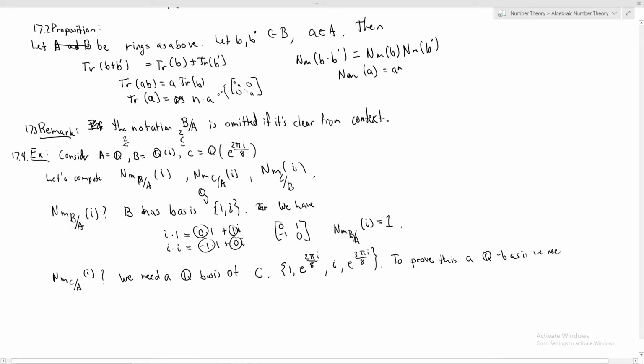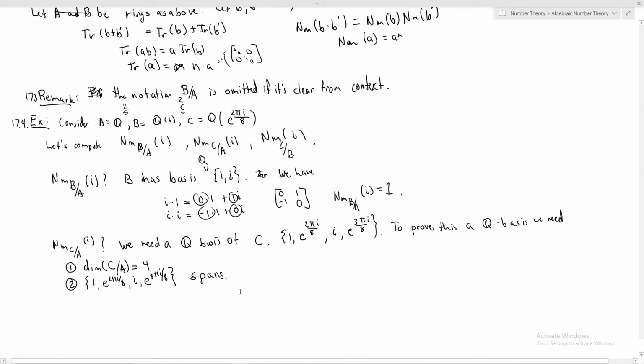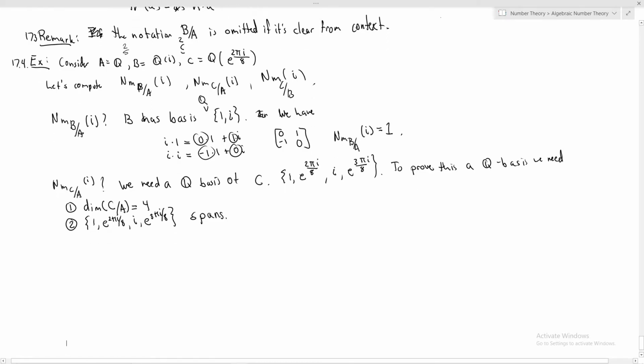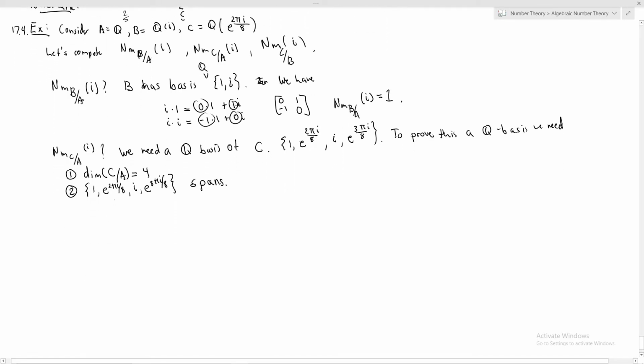We need one, that dim C over A equals 4, and two, that this set spans. Okay, so let's maybe actually go through and prove these, because I think it'll be a good exercise for me.